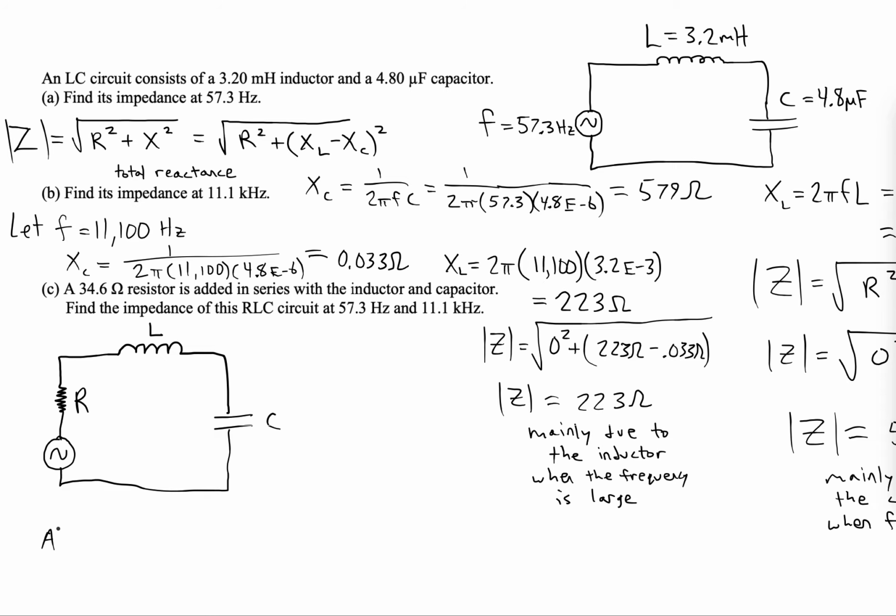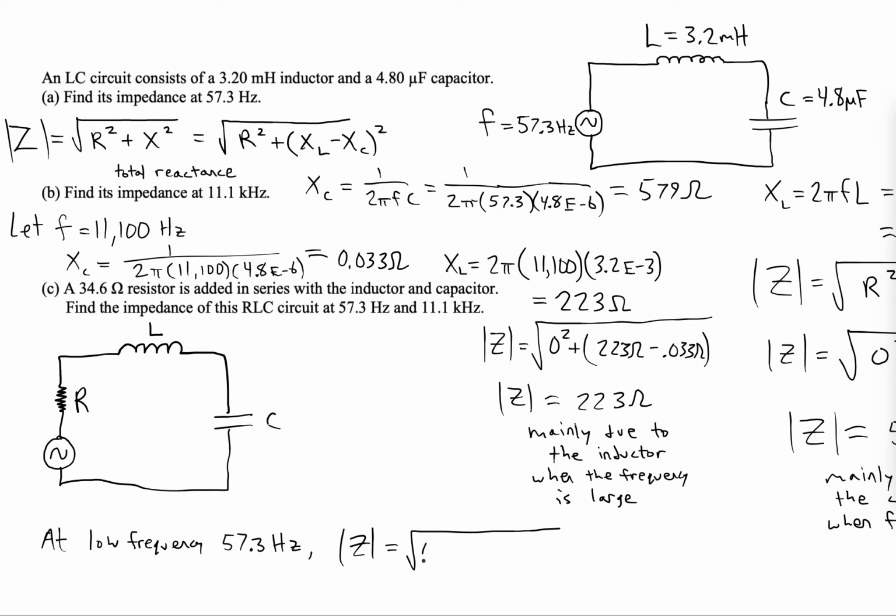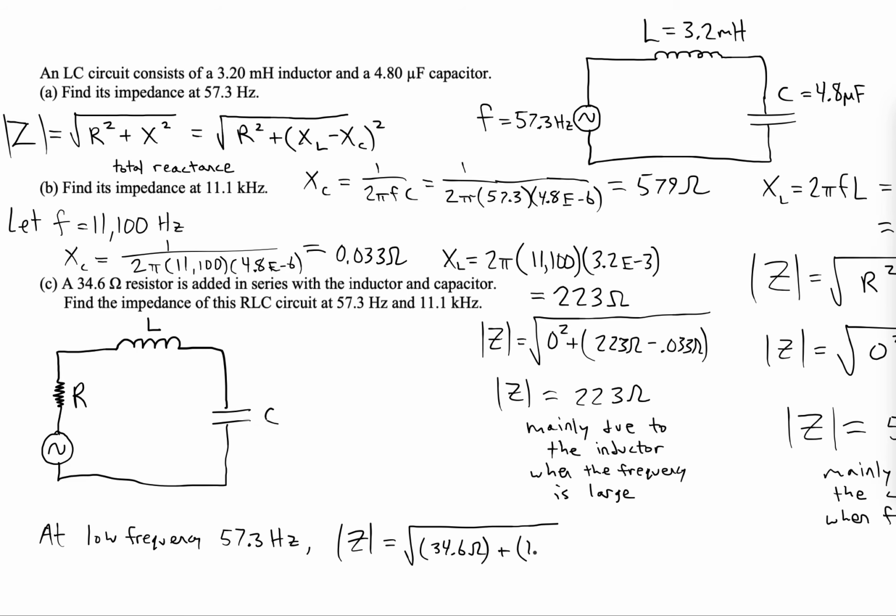So at low frequency, 57.3 hertz, we'll have Z equals the square root of now 34.6 ohms squared plus 1.15 minus 579 squared.